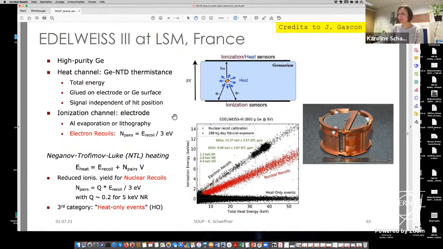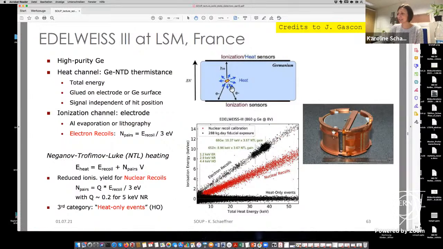A very important point is, of course, that by this two-channel method, you can again discriminate electron recoils from nuclear recoils. And what they also have stated here are heat-only events. But a very important point is that once you apply a voltage here, these drifting charges also produce a larger phonon signal by the so-called Neganov-Trofimov-Luke effect.